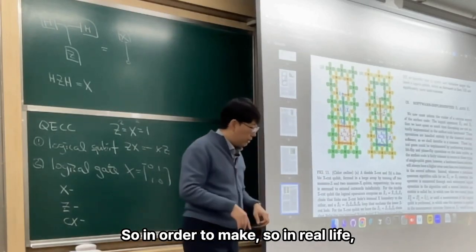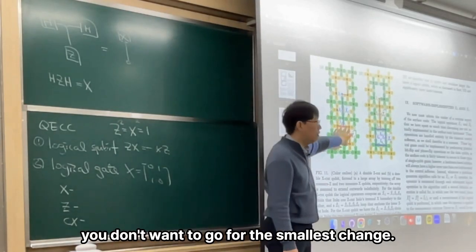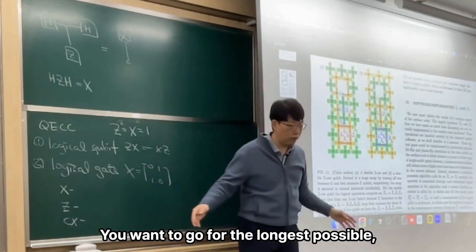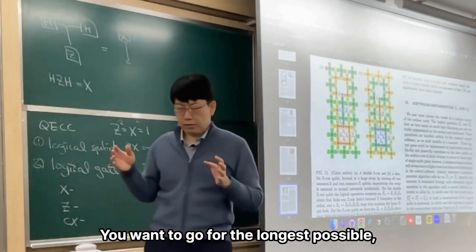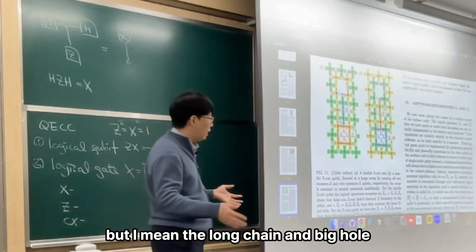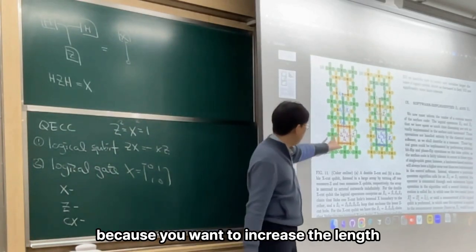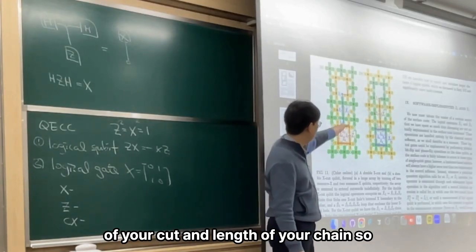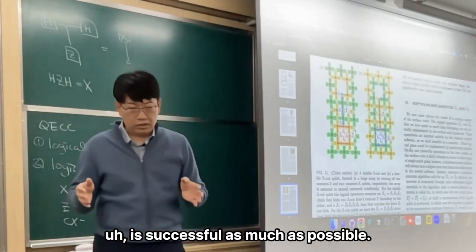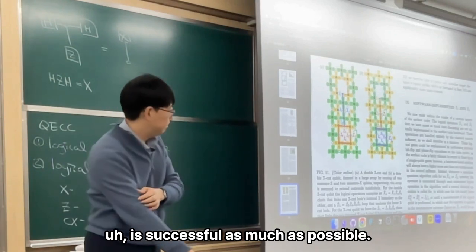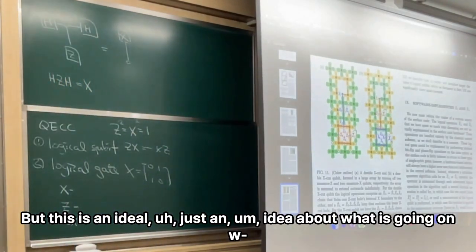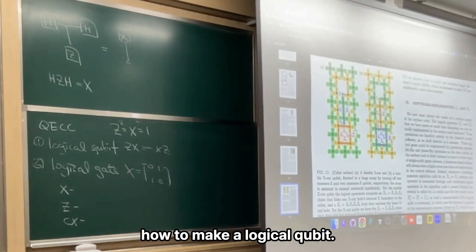So in real life, you don't want to go for the smallest cut or smallest chain. You want to go for the longest possible, not too long, but a long chain and a big hole, because you want to increase the length of your cut and the length of your chain so that your error correction is successful as much as possible. But this is ideal, just an idea about what is going on, how to make a logical qubit.